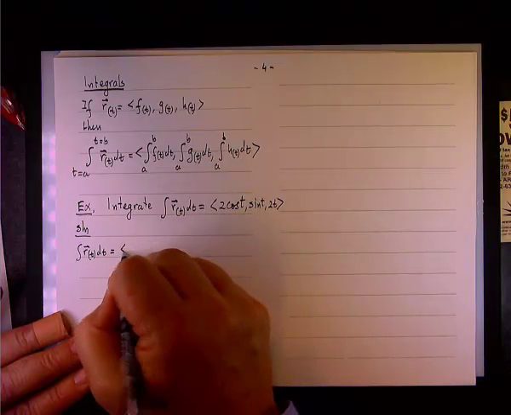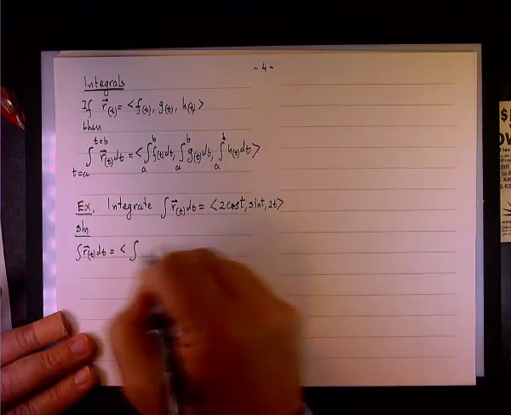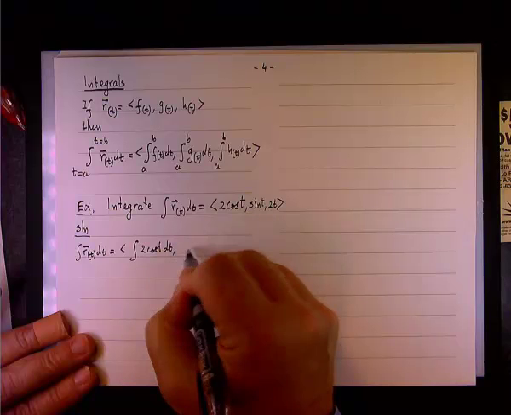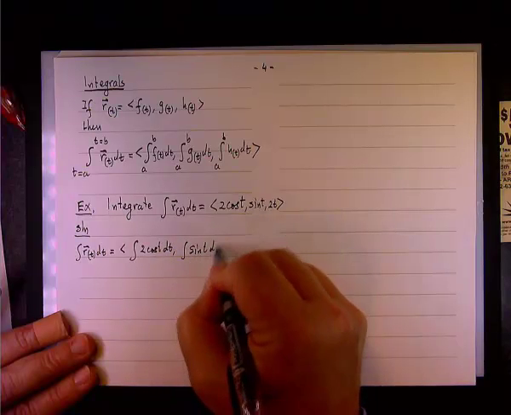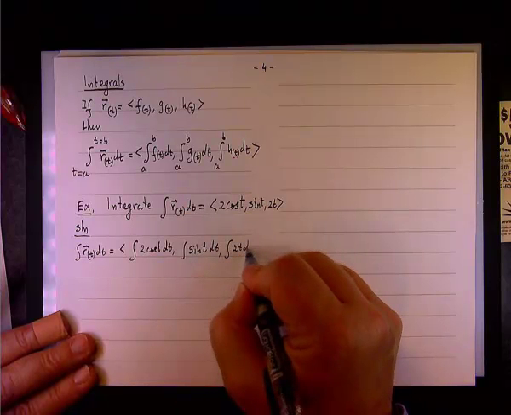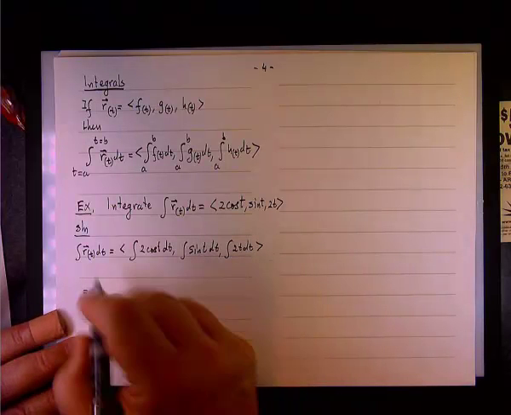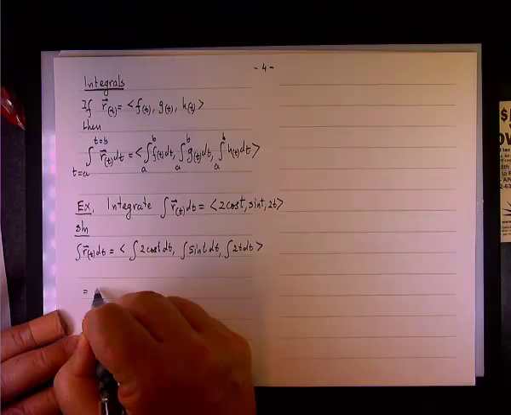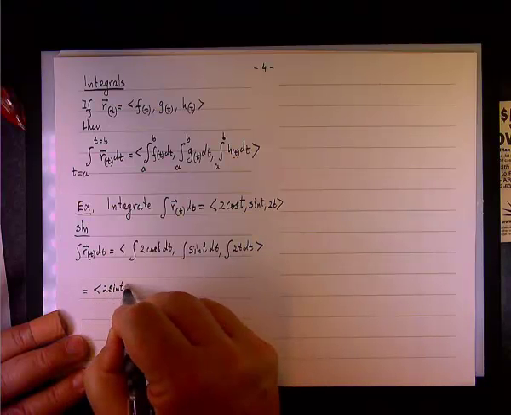It will be a vector with the components: the integral of 2 cosine t dt, the integral of sine t dt, and the integral of 2t dt. The integral of 2 cosine t is 2 sine t.